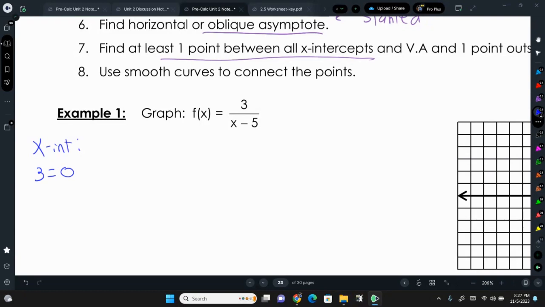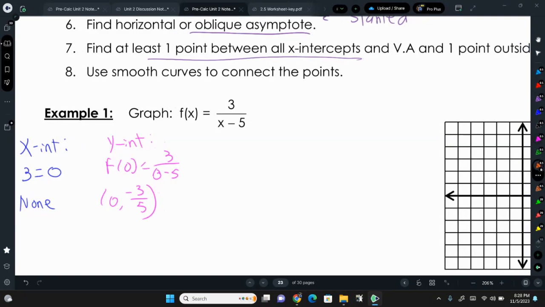Well, that's not true, so that means there are no x-intercepts. Then our y-intercept is when we plug in 0. So f of 0 is 3 over 0 minus 5, which is negative, we'll write it as an ordered pair, 0 comma negative 3 over 5.